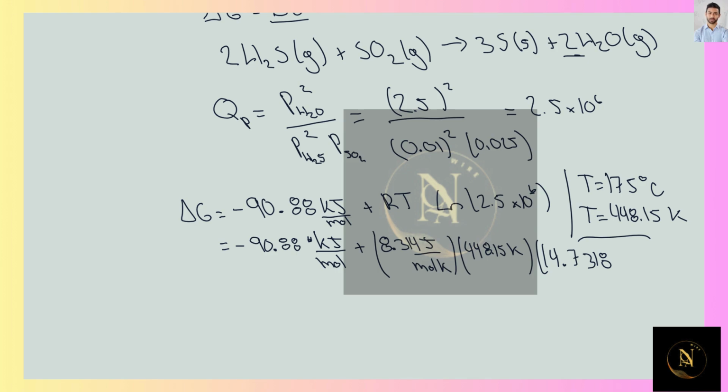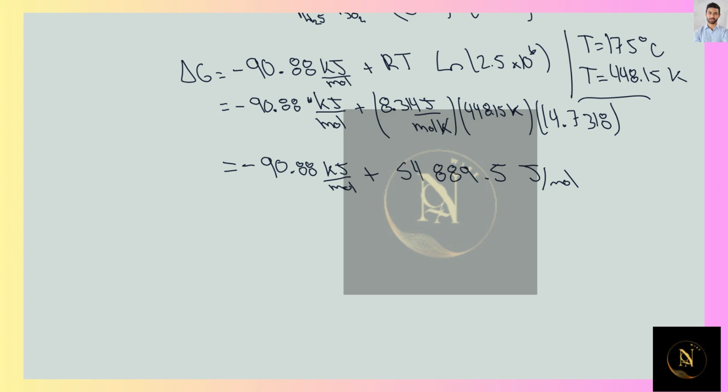So after doing the operations, Kelvin and Kelvin cancel out. This value does not have units because it's just the logarithm. So this is minus 90.88 kilojoules per mole plus 54,889.5 joules per mole.